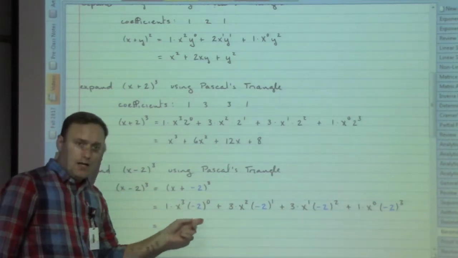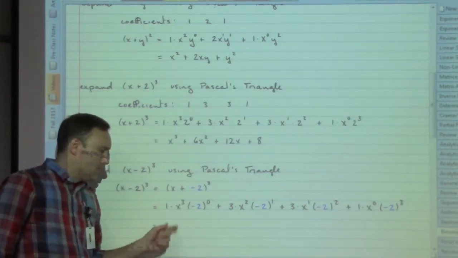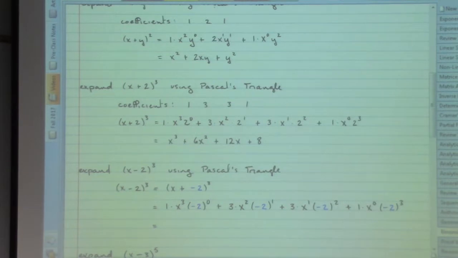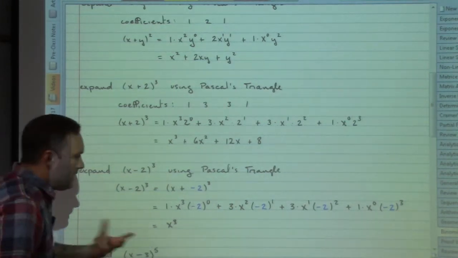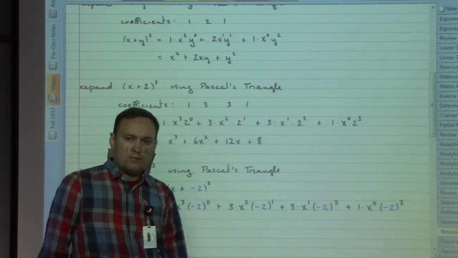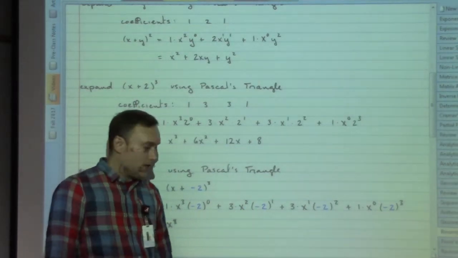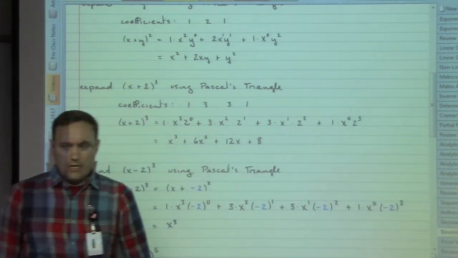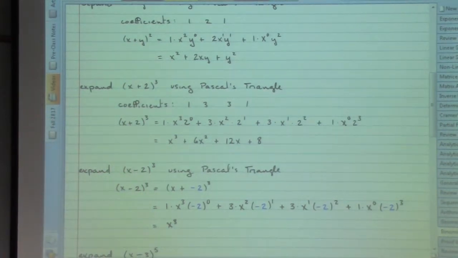The negative is not going to impact that first term. So that first term, 1 times 1 is 1, times x to the power of 3 is x to the power of 3. In the second term, we have a negative 2 being raised to the first power. So that's just a regular negative 2 times the 3 means that we get a negative 6 in that second term with our x squared.